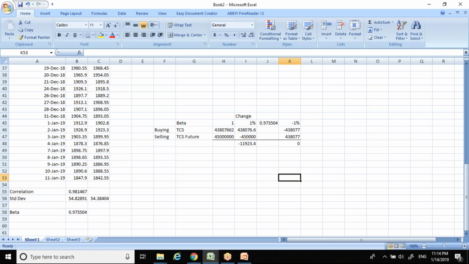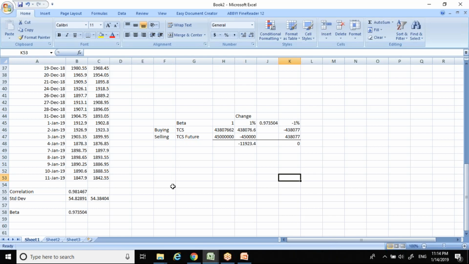Most of the time this cross hedging is done with the index, and you need to get the beta of that index with the portfolio. To get the beta, you need the correlation between portfolio price and the index price, and the standard deviation of the portfolio and the standard deviation of the index.